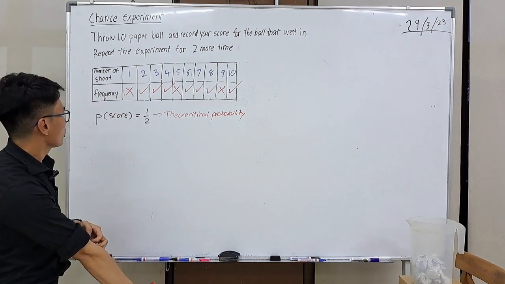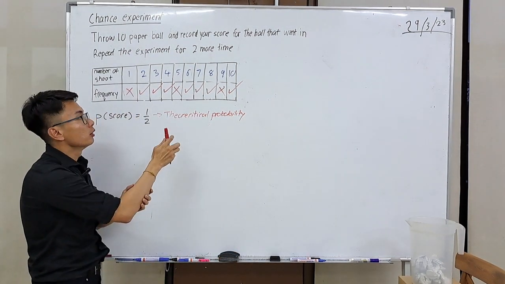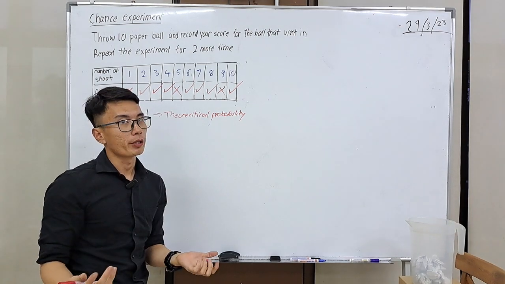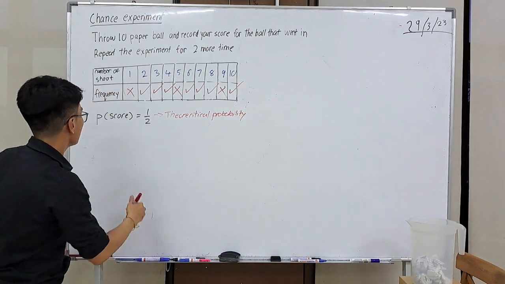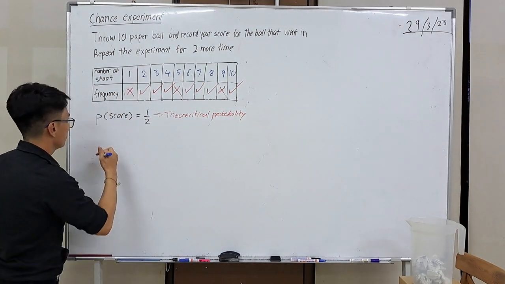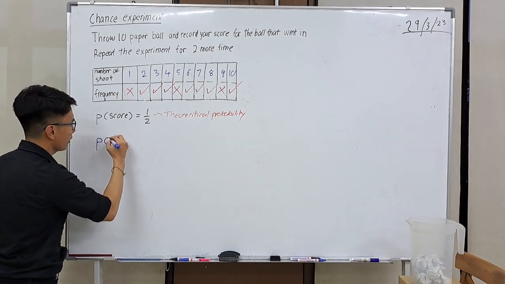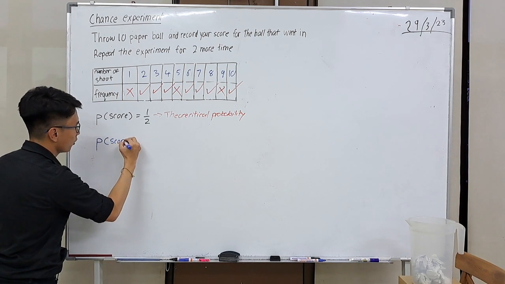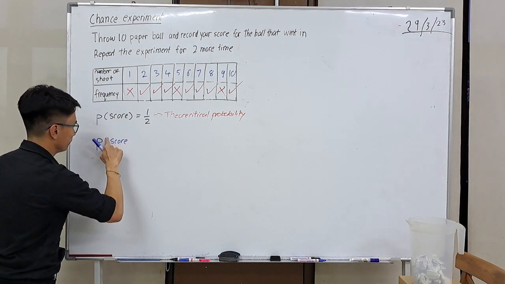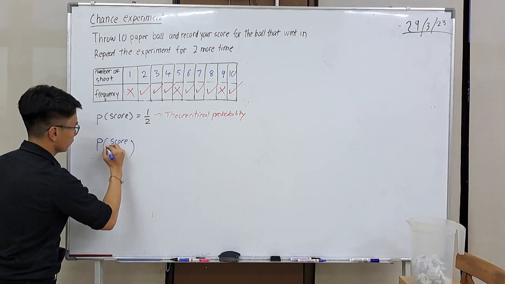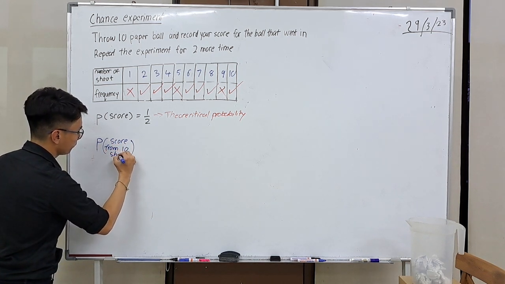Okay, so let's work out the probability of me scoring. Okay, so the probability of me scoring right now, probability of me scoring, okay, score from 10 shots.